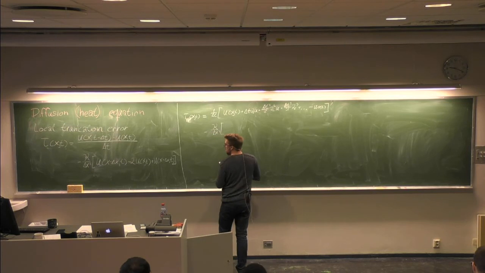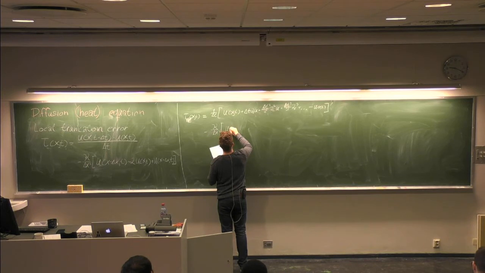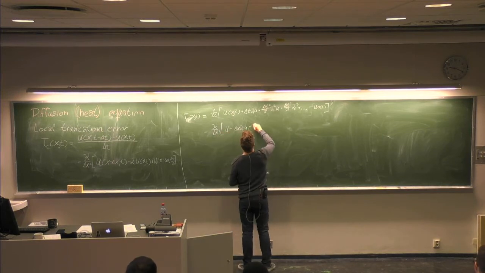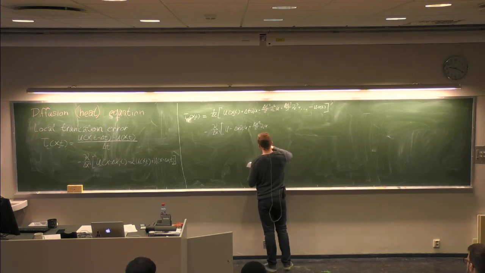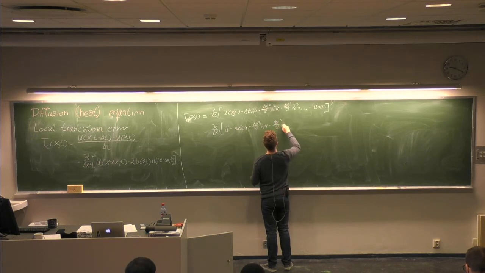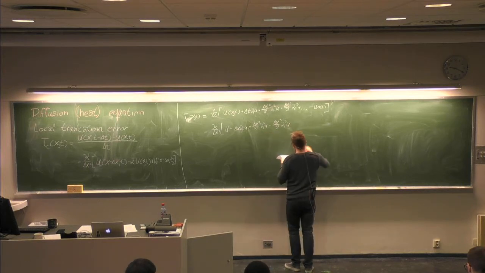Then we do the same with the second one, and we will get u minus delta x dx of u plus delta x squared over 2 factorial dx squared u, minus delta x cubed over 3 factorial dx cubed u, and then lastly delta x to the fourth over 4 factorial.